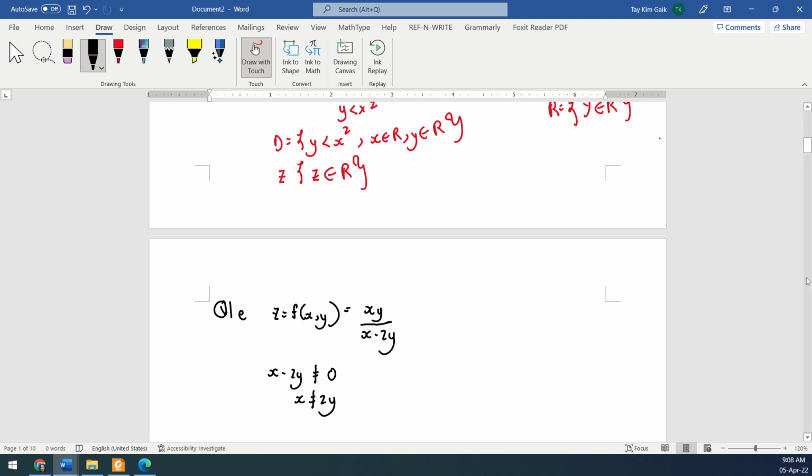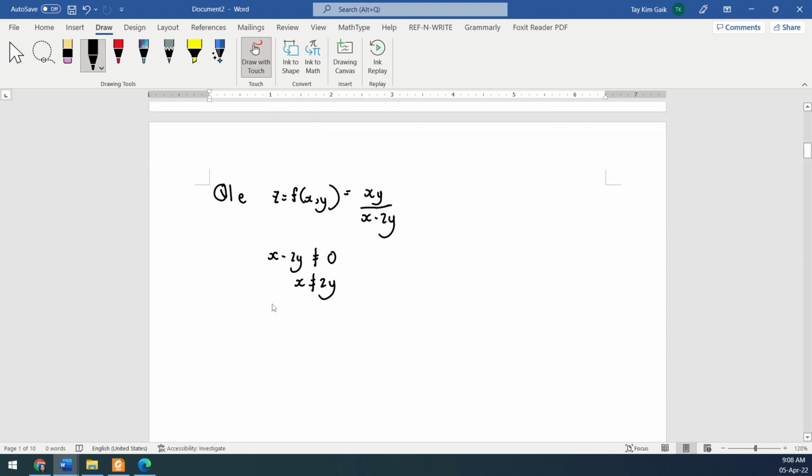So this is the domain: x cannot be equal to 2y, where x is a member of real number, y is a member of real number. So this is question 1e. The domain is x cannot be equal to 2y.